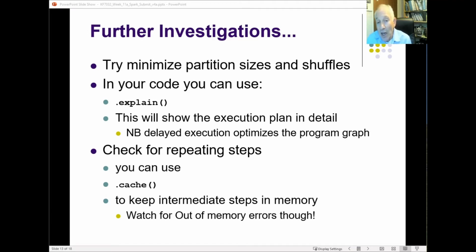So you can look at each point, you can add .explain to data frames, and they will show you the execution plan in detail for that particular Spark set of instructions. If you notice that explain shows that some pieces of computation are being executed multiple times.